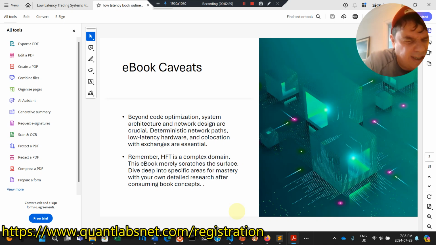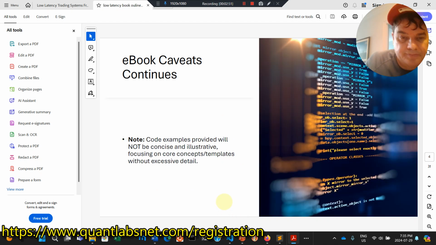This book merely scratches the surface. It's not a deep dive into specific areas for mastery; you do your own detailed research after consuming the book concepts. So basically, you'll get the concepts, then do your own research to find the details. A good place to start is always GitHub.